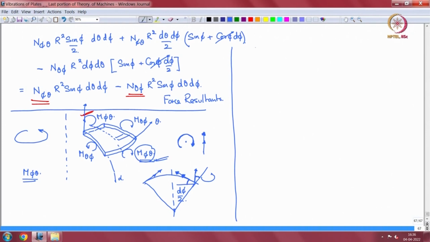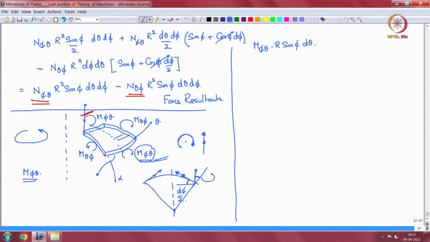So I have m phi theta. Then let me make it a moment, actually, by multiplying by r sine phi d theta. Okay, and I am ignoring the increment of this also now because it is a second order term.